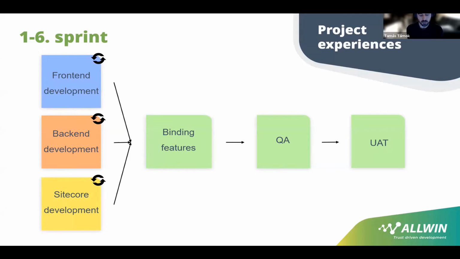So we bound the features together, we deployed, and most of the stories at this time went to QA and then UAT. Until this point, we of course did the sprint reviews and the demos for the client, but we simply didn't pass any story yet, because all of the parts should be bound together to do that.